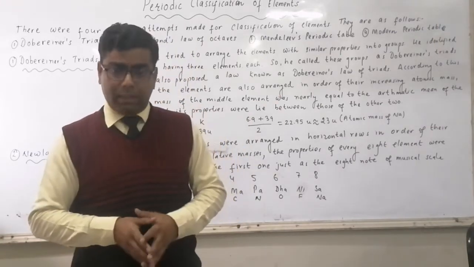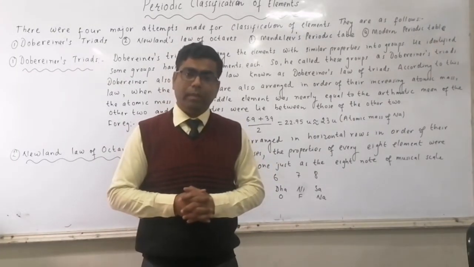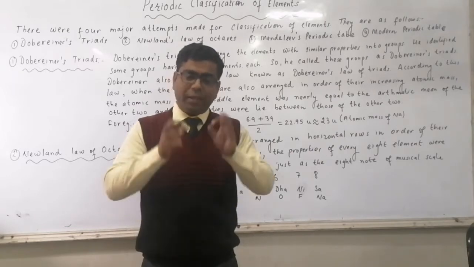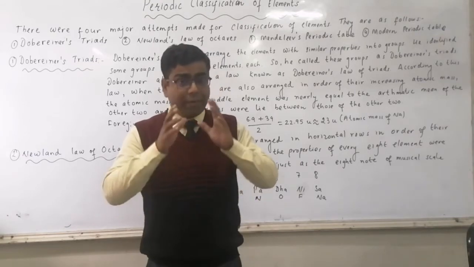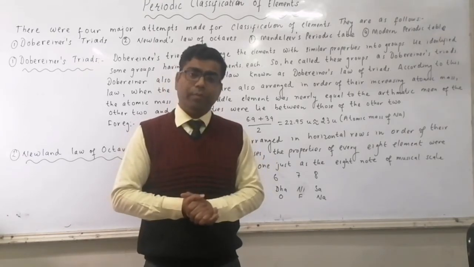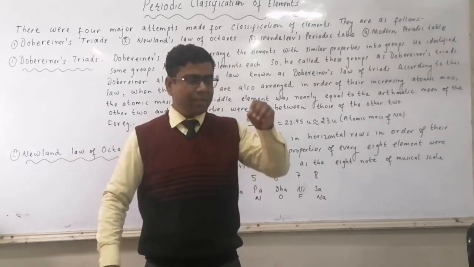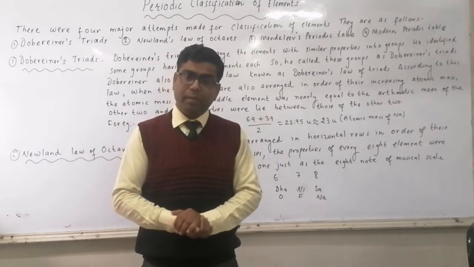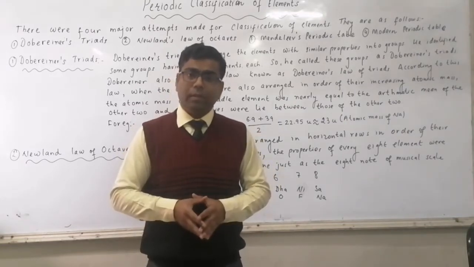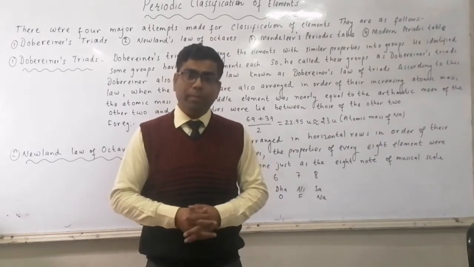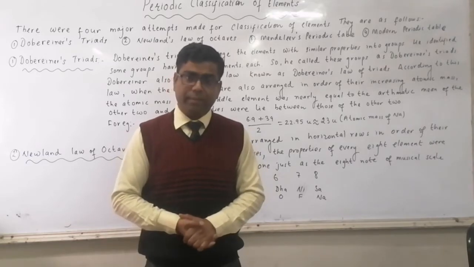The atomic mass of the element present in the middle is the average of the first element and the third element. As he took 3 elements together in a group, that's why it is also called Dobereiner's law of triads.